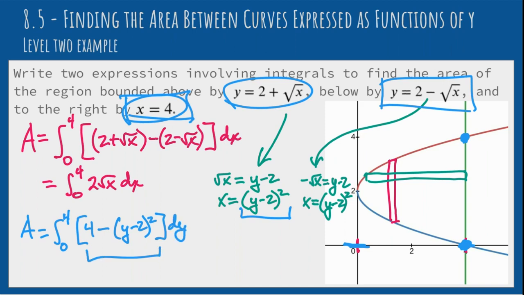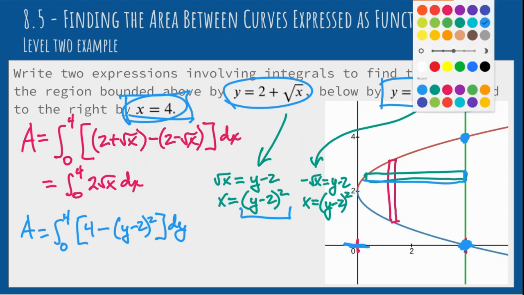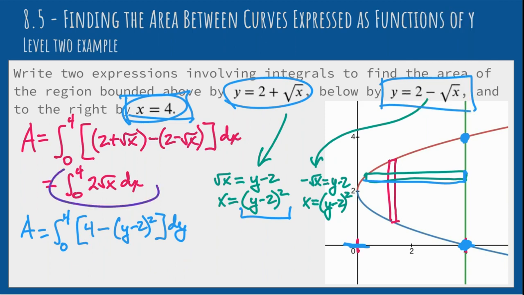So this integrand here gives the width of the Riemann sum rectangle, and the dy gives the height of the Riemann sum rectangle. Now, taking a look at these two integrals that we wrote, this one with respect to x and this one with respect to y, doing that work to write this with respect to y didn't actually end up giving us an integral that's easier to evaluate.